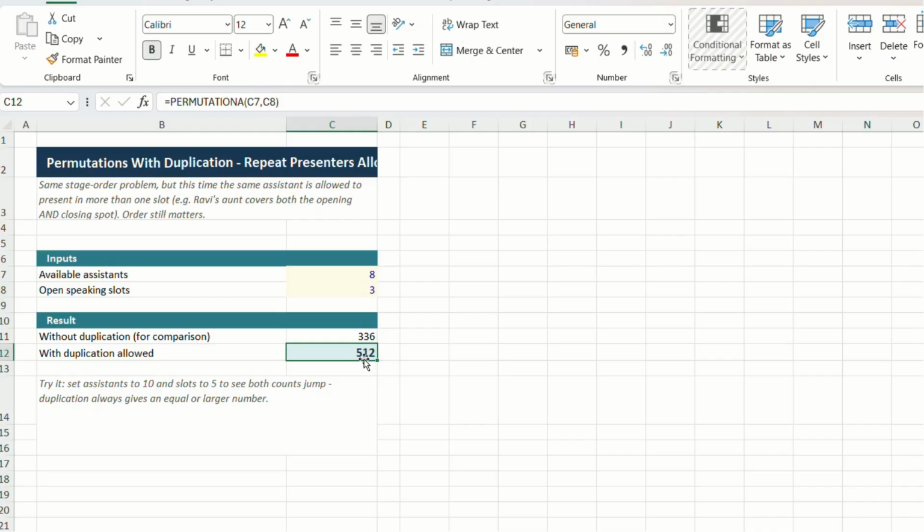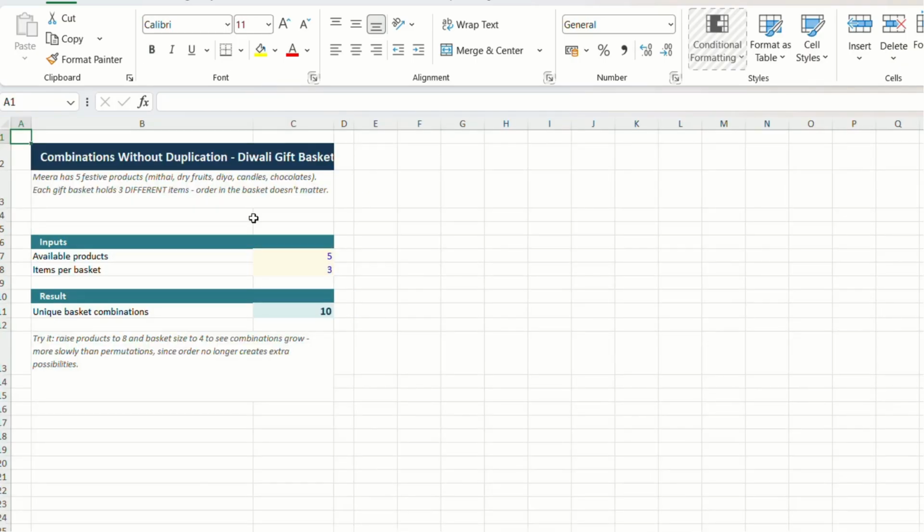Then we can put this formula, permutation C7 into C8, because duplication is allowed, that's why we have an increase in number. Without duplication we have this number. What if we change? So how this changes, an increase in the outcomes. What if, and this is also an increase in the numbers.